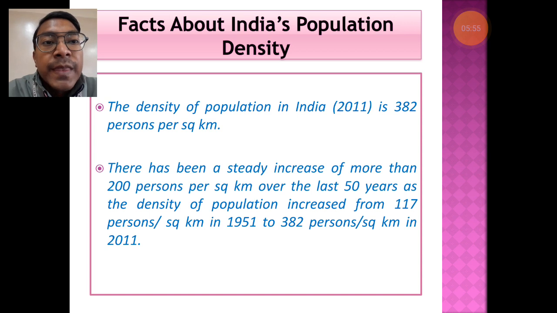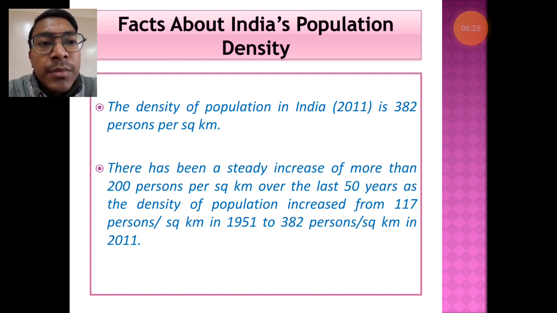See, there has been a steady increase of more than 200 persons per square kilometer over the last 50 years, as the density of population increased from 117 persons per square kilometer in 1951 to 382 persons per square kilometer in 2011. As per the census of 1951, the first census after independence was conducted in the year 1951.